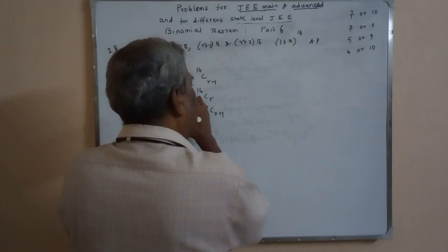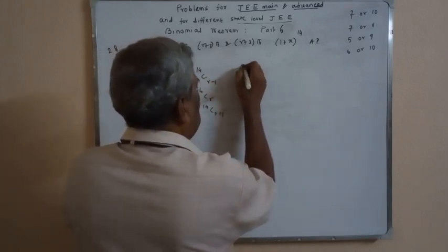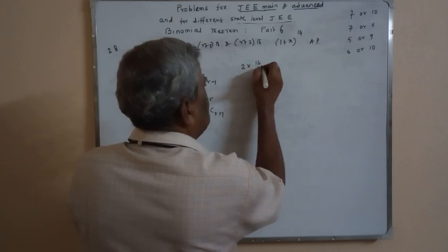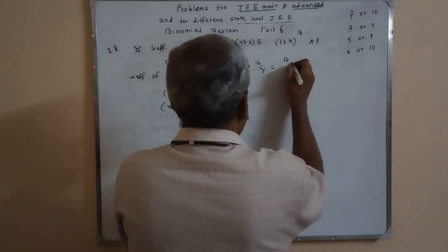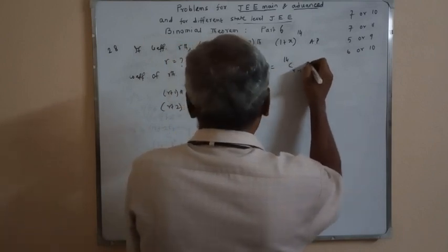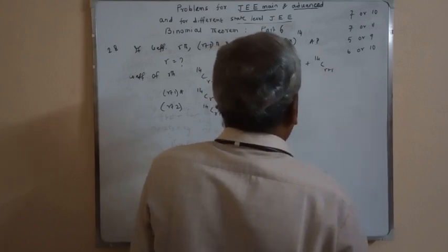Therefore, twice the middle one is equal to this plus that, that is 2 into 14Cr is equal to 14C(r minus 1) plus 14C(r plus 1).